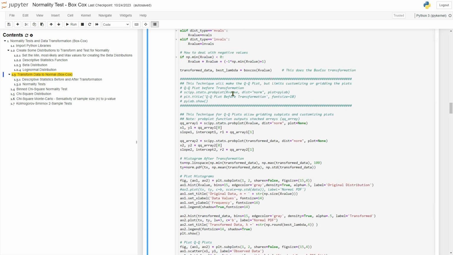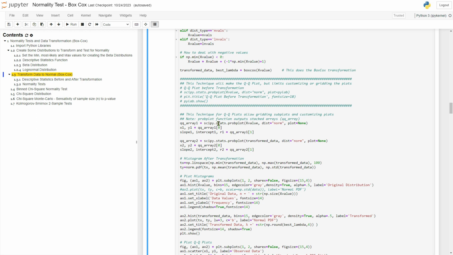The QQ plot that we use to see if the distribution is normal can be done as easily as just calling the SciPy stats library probplot and running it, and then just doing pylab.show, and that will do it. But I wanted to do things a little bit differently.